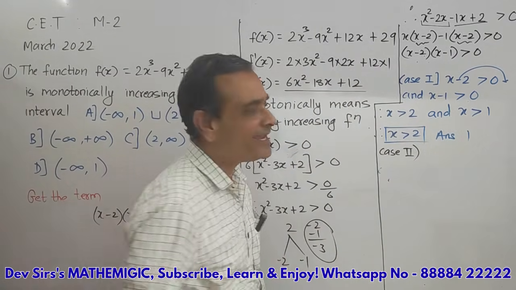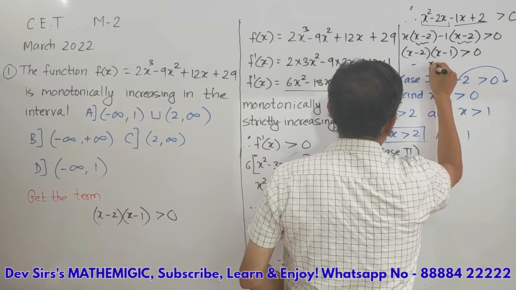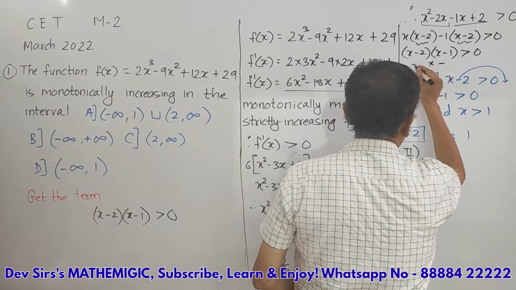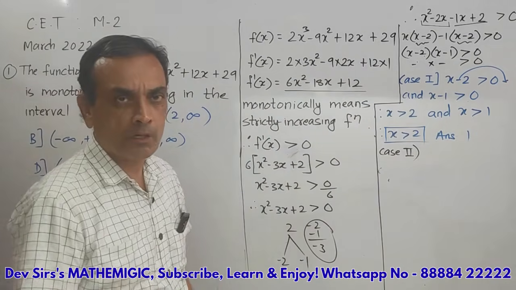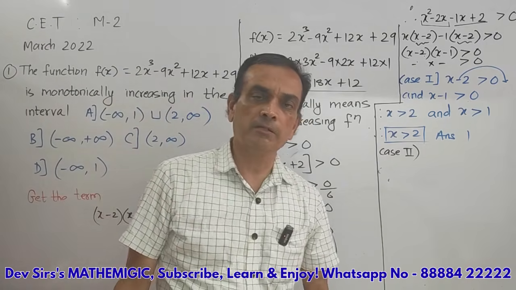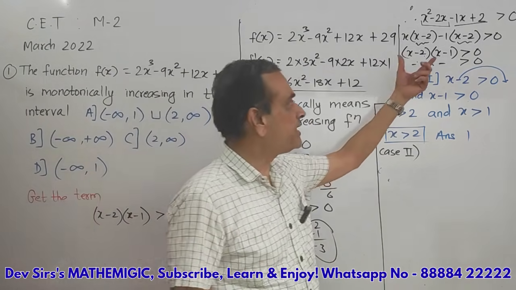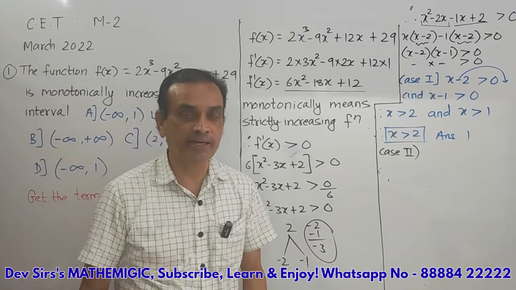Case 2 में लेंगे both brackets are negative because minus into minus is again positive. Okay, so for increasing functions you get these two cases, both brackets positive or both brackets negative.